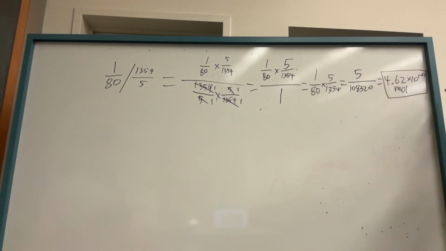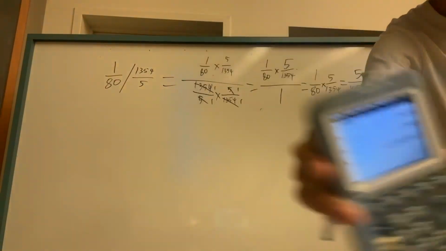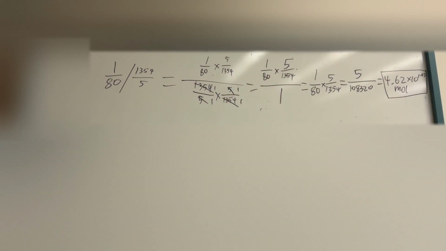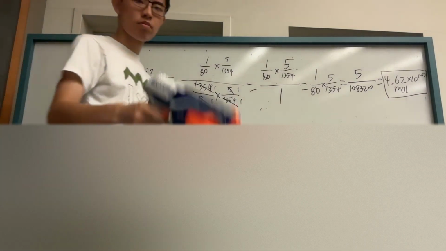So yeah. Dividing by a number is indeed the same as multiplying by its reciprocal. Remember, dividing by a number is indeed the same as multiplying by its reciprocal.